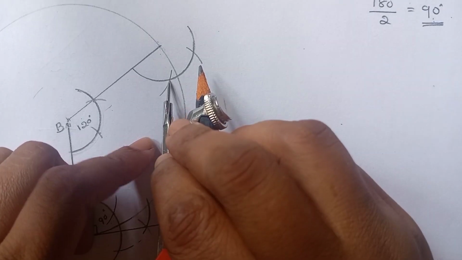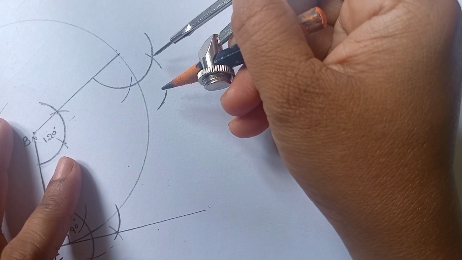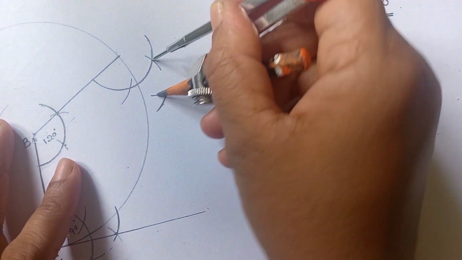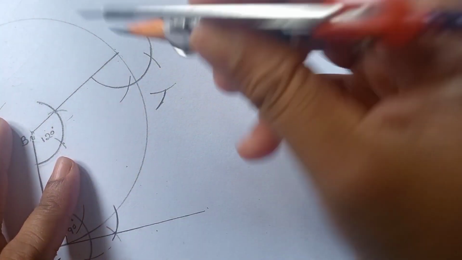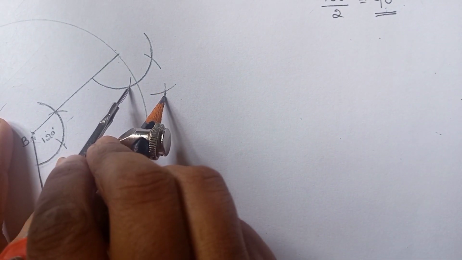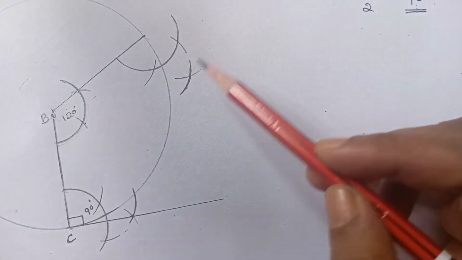So keep the compass at this point and cut an arc. Without changing the measurement of it, keep the compass at this point and cut an arc. Now join this point and this one.